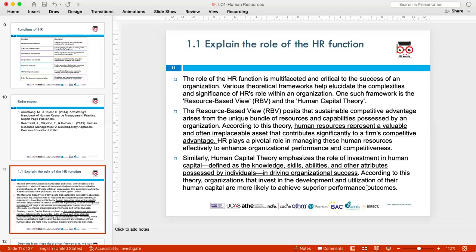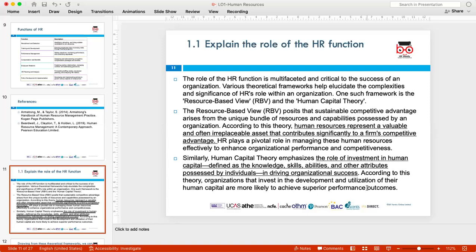So this theory suggests that individuals and organizations can increase productivity and economic value by investing in what? In people's education, skills, and health. We'll take an example here, like we took an example of Apple in the resource-based view. Here we are going to take an example of a company investing in employees' training. A software company invests in training programs for its developers to learn new programming languages and technologies.